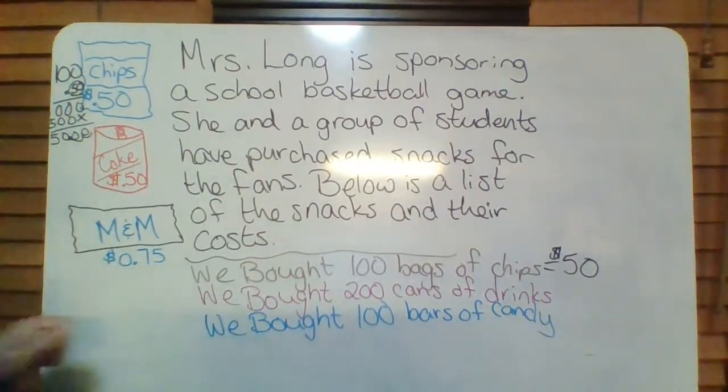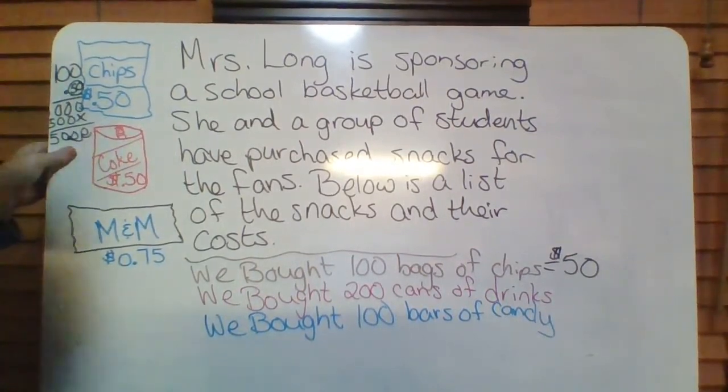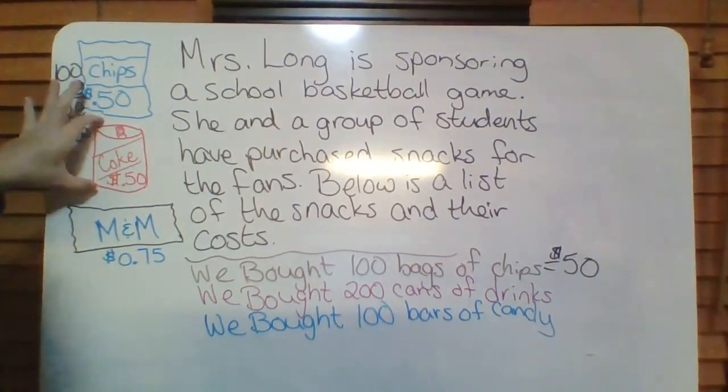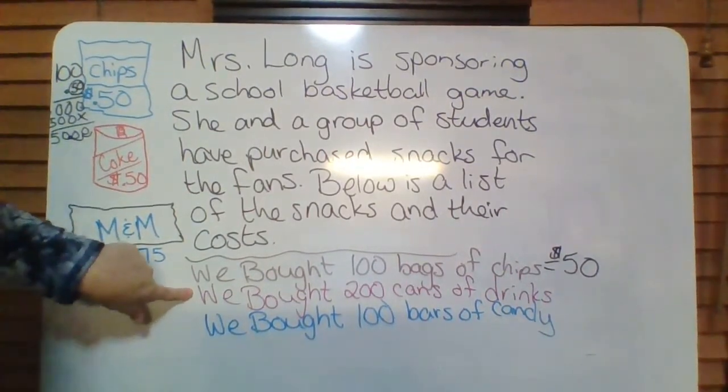Okay? Now, we bought 200 cans of drinks. They cost us 50 cents. Let's see if you can use some deductive reasoning here. If we bought 100 bags of chips at 50 cents, and that cost us $50, the drinks cost us the same amount, and we got double the amount of drinks that we did chips.